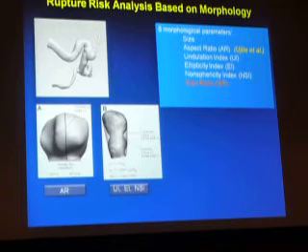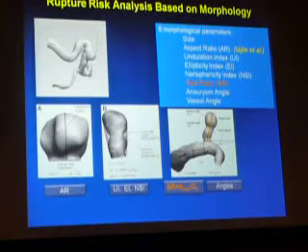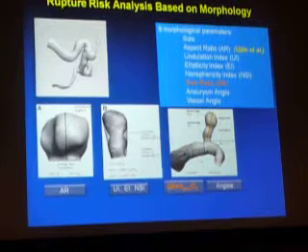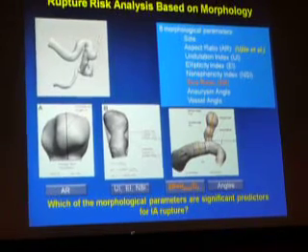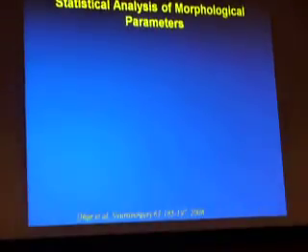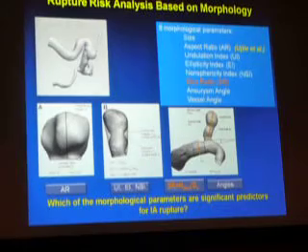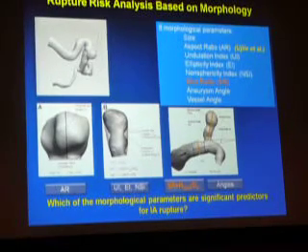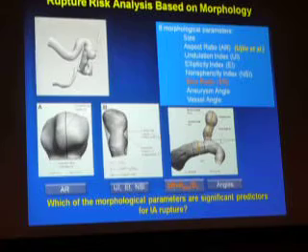We also came up with a size ratio, which is a simple measure but very interesting. It's just the aneurysm size, but now you divide it by the parent vessel size. And furthermore, some angles. So the question is, which of these morphological parameters are significant predictors of rupture?